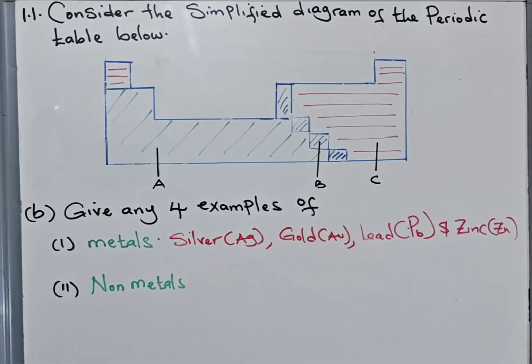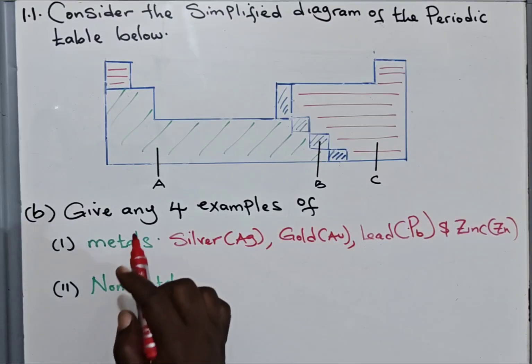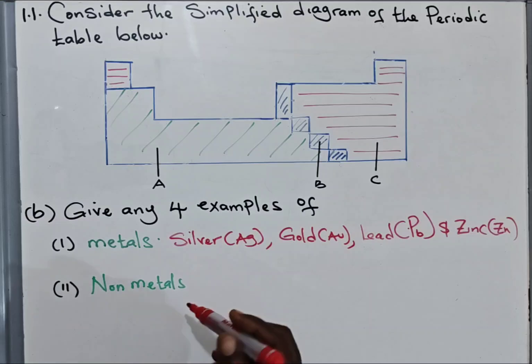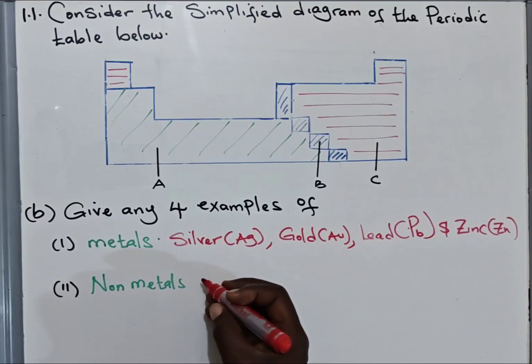So then we come to nonmetals. The question says give any 4 examples of nonmetals. So what are they?